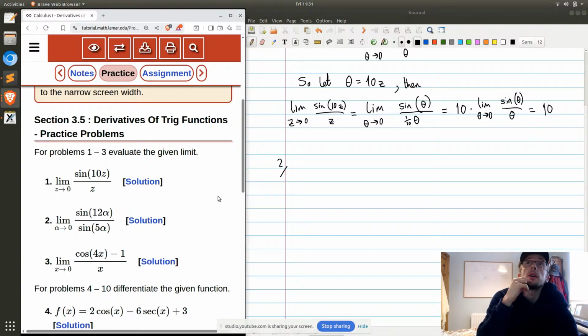As sine of anything approaches 0, that will be 0. And so this is approaching that indeterminate form of 0 over 0. And so I can just be honest and say I don't know that.